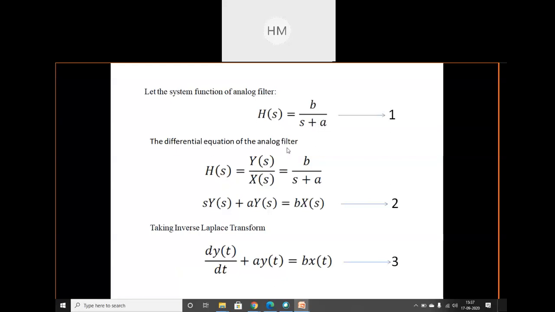The differential equation of the analog filter, this we all know, that a transfer function consists of output upon input. So H of s is equal to Y of s upon X of s, output upon input, equal to b upon s plus a. So cross multiplying these, you will get s plus a times Y of s equal to b X of s.